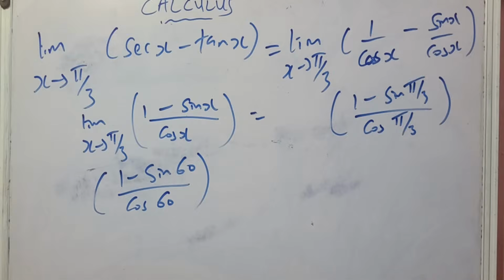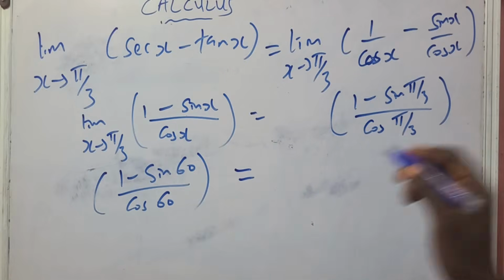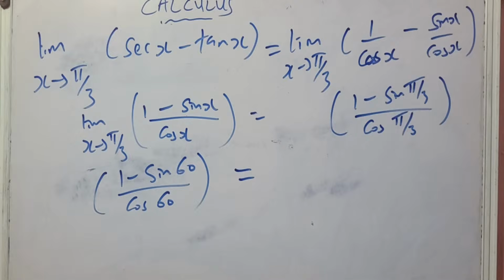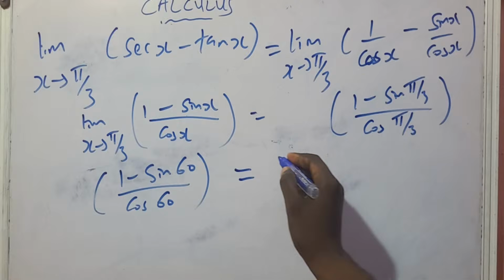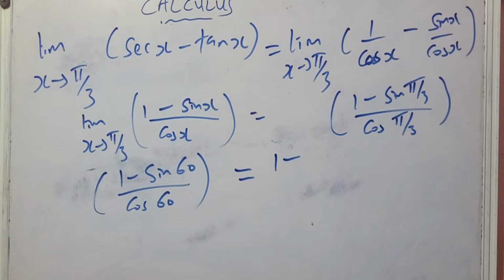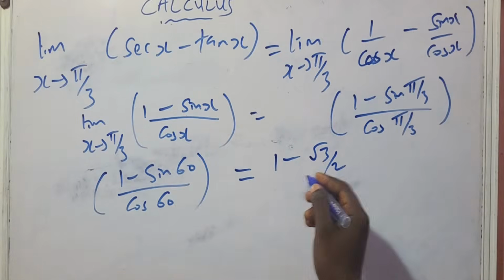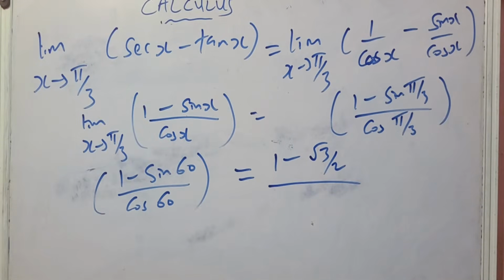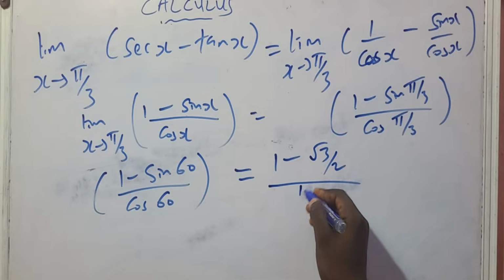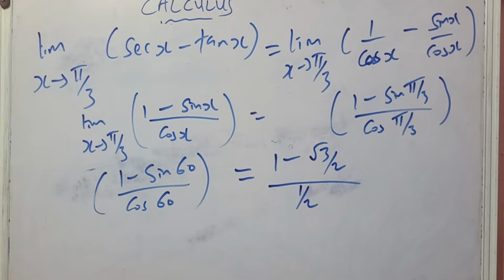What is sine 60? If you go home to draw your special triangles, you would be able to get this much more easily. I don't want to do much of that because I know that's under trigonometry, and I believe everybody should be familiar with those things. You draw your special triangles, you don't have to get a decimal point. You can easily write this as root 3 over 2. That's sine 60. Whereas your cos 60 will be 1 over 2. All these are something you can get from your special triangles.